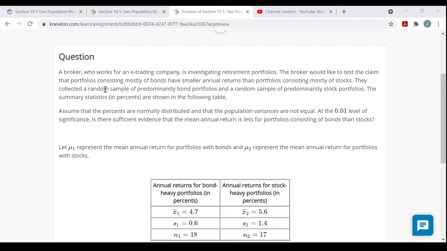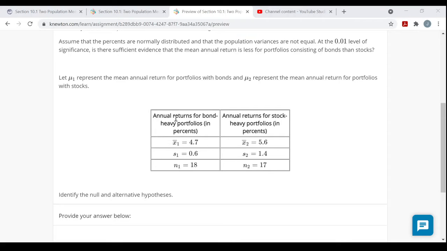They collect a random sample of predominantly bond portfolios and a random sample of predominantly stock portfolios. The summary statistics in percents are shown in the following table. So you have the sample of portfolios that are bond heavy, and then the other sample with portfolios that are stock heavy, and their sample mean percent returns, their standard deviations, and their sample sizes.